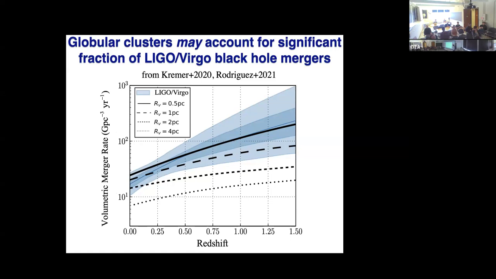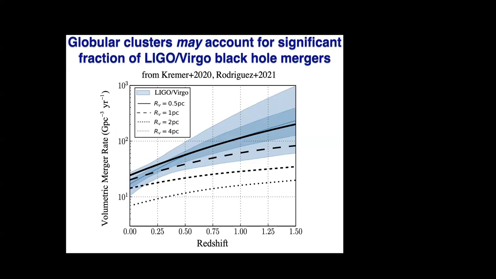The main point is just that for this range of observed initial sizes, which is motivated by observed properties of young massive clusters, the black hole merger rate in the local universe is consistent to within about an order of magnitude of the rate that's inferred from LIGO. So this is at least hinting that clusters can potentially contribute to the LIGO population.